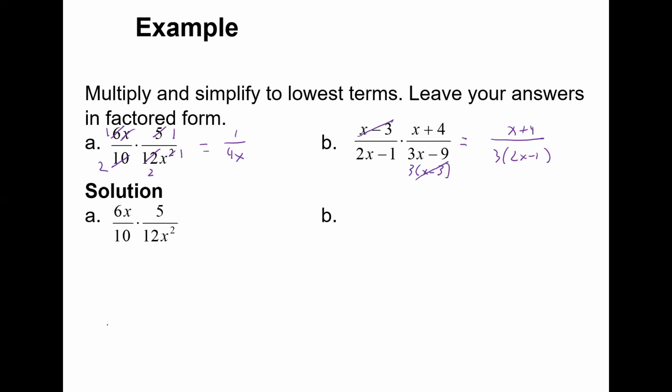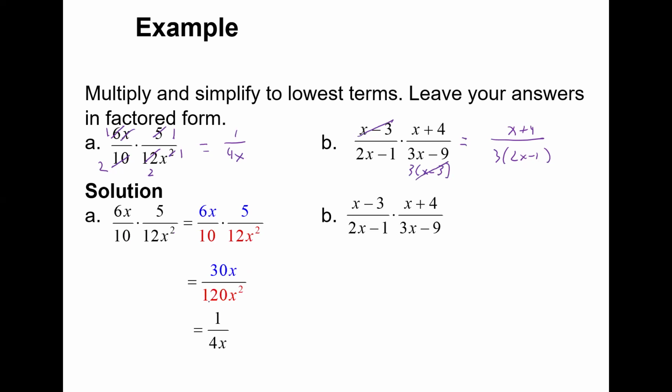Okay, so now another way to look at this, we have the 6x over 10 and 5x over 12x squared. What we can do is multiply it out and we get 30x over 120x squared. But then we divide 30 into 120 and we get 4x. Now, to me, it's easier just to cancel first and we get 1 over 4x first, instead of having to think about what we do here.